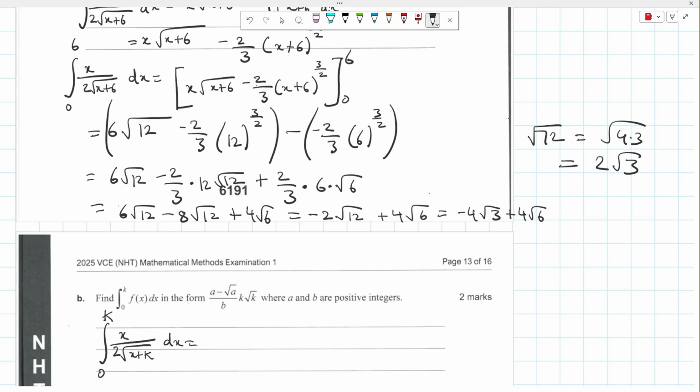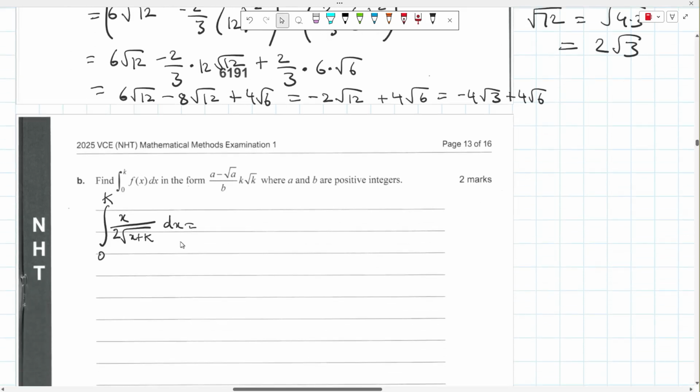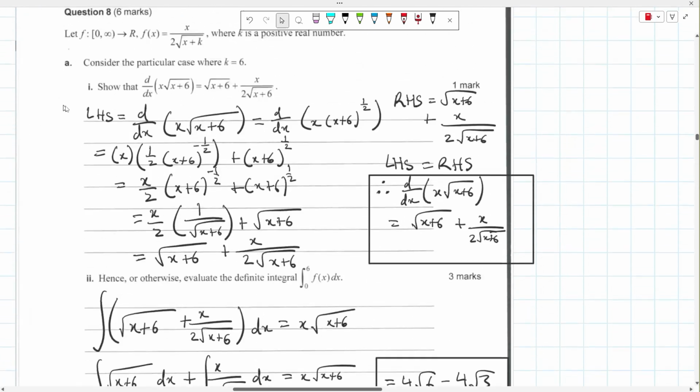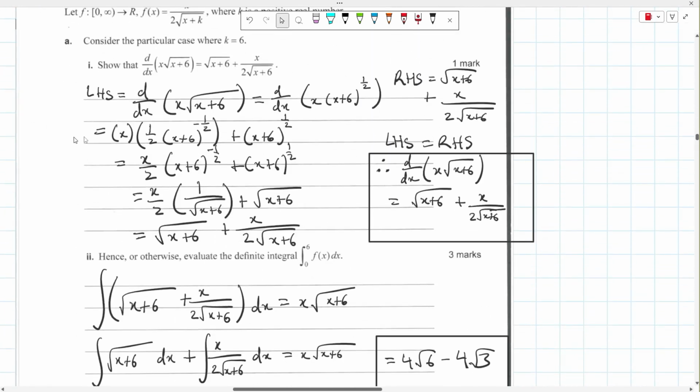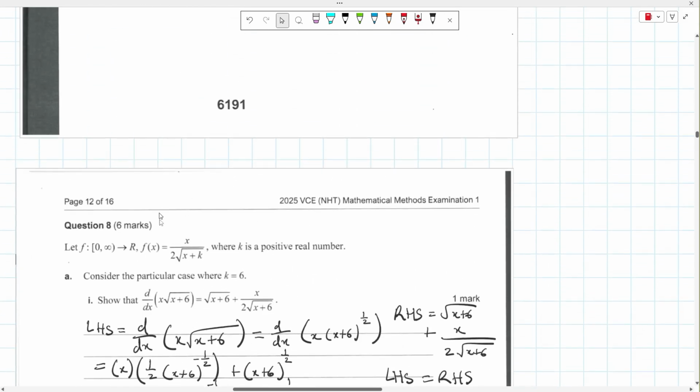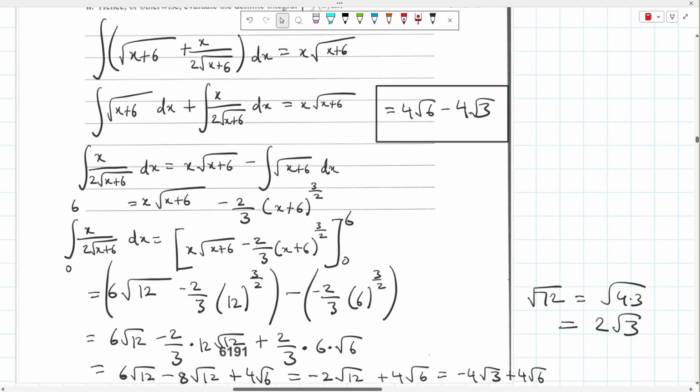The reason we're putting k here and not 6 is because k equals 6 hangs over the entirety of part A, but now we're in part B, so we're back to this, where k is a positive real number.